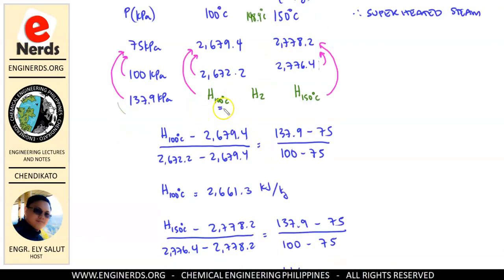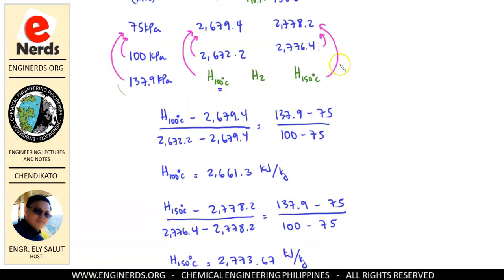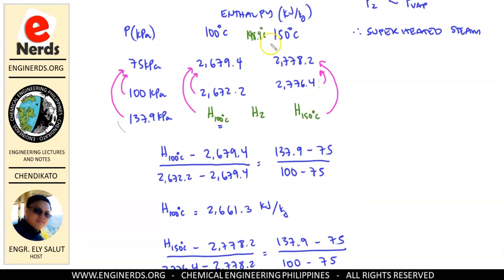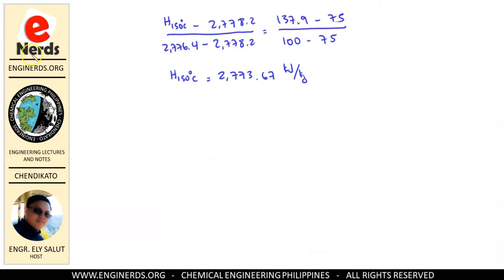But, we already know the value of H100 and H150. So let me write that again. No? So our temperature is 100, 148.9, and 150. So we have our temperature, which is 100, 148.9 degrees Celsius, and 150 degrees Celsius.